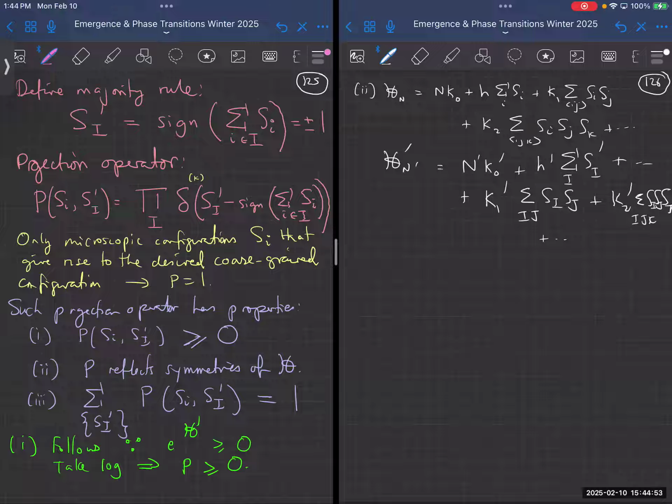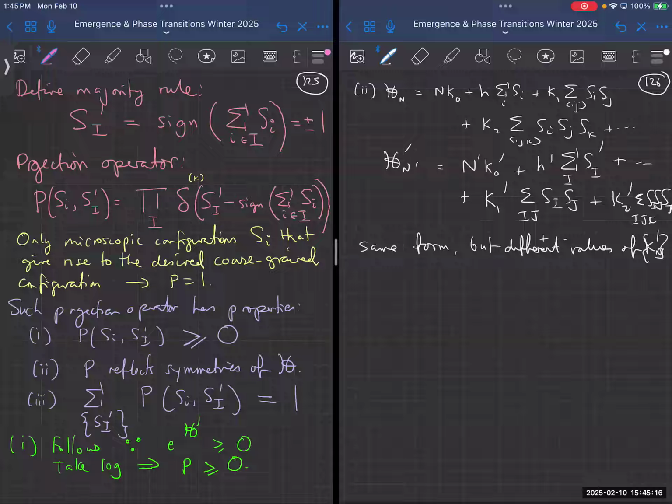So I have the same form, but different values of the k prime. That's why, since I've got every possible interaction in there that is allowed by symmetry, it is present in the original one, so it'll be there in the next one.